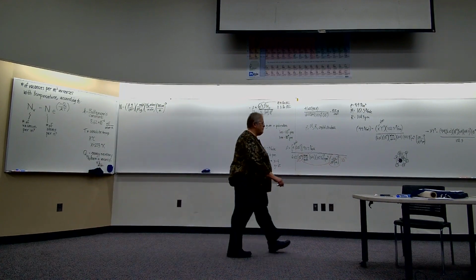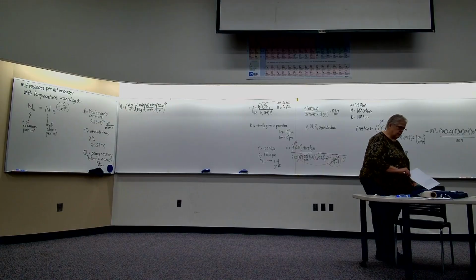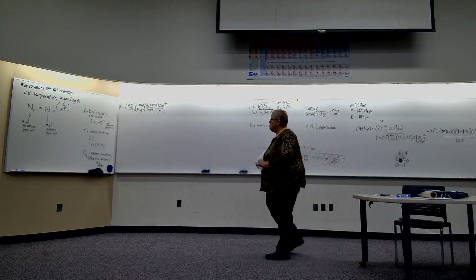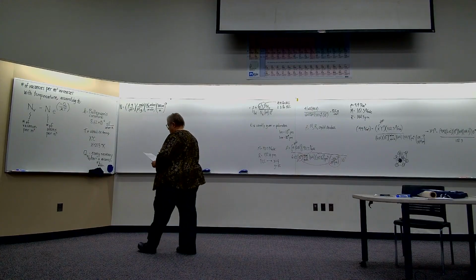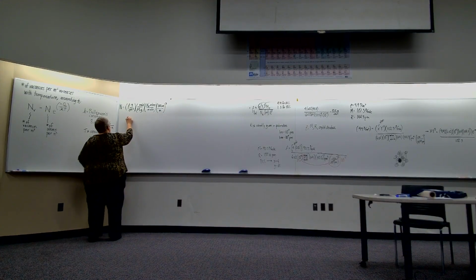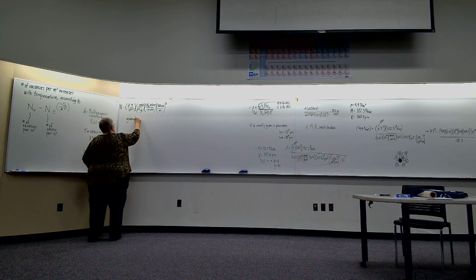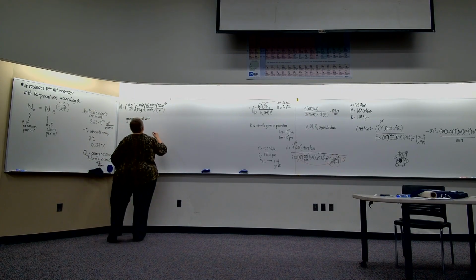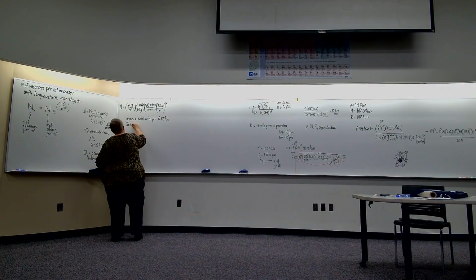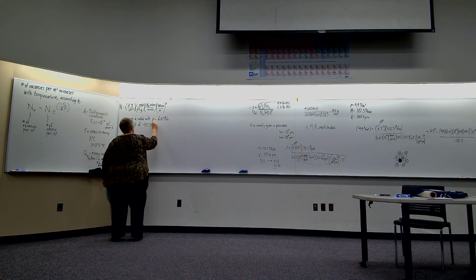So, let's see. Given a metal with density of 6.02 grams per centimeter cubed, and atomic mass of 40.2 grams per mole.